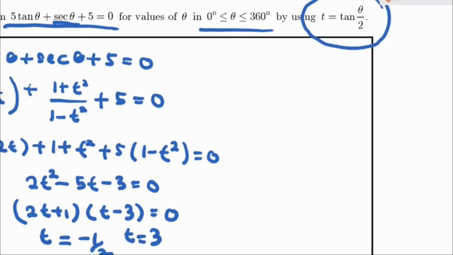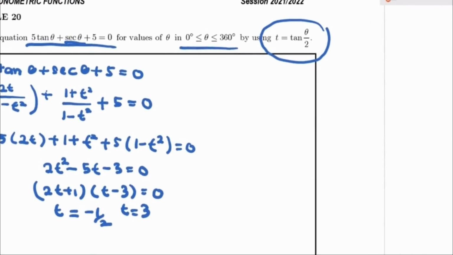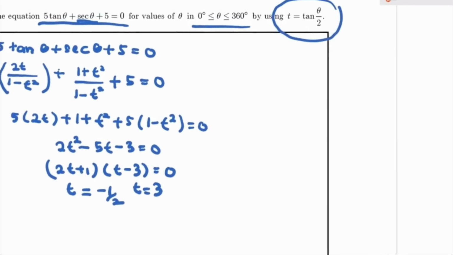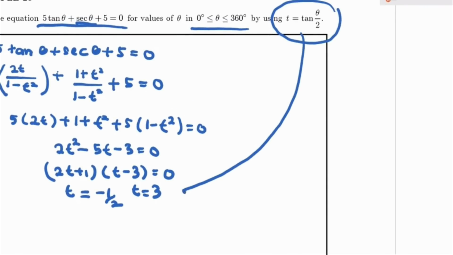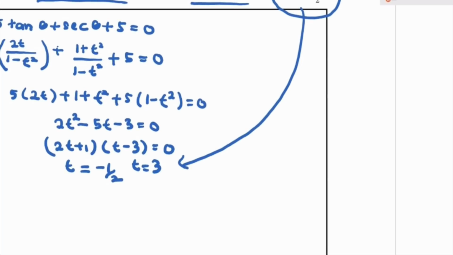How to get theta? So t equals tangent theta over 2. From here, we know that t equals tangent theta over 2, so you change: tangent theta over 2 equals negative 1 over 2, and tangent theta over 2 equals 3.